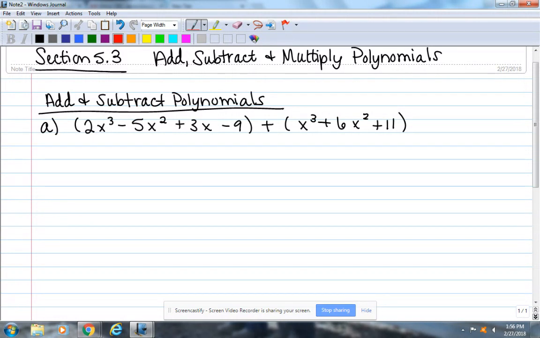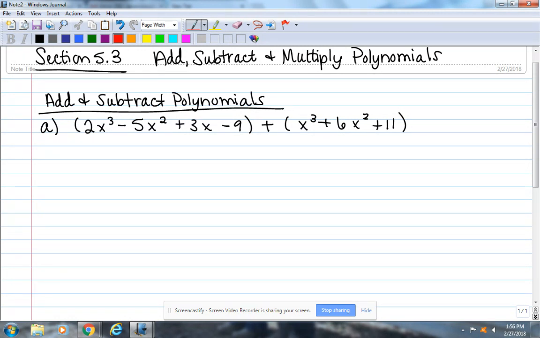Now let's talk about like terms for a minute. Okay? Like terms have to have the exact same variables with the exact same exponents on them. So an x and an x squared are not like terms, right? An x squared and an x to the third are not like terms.